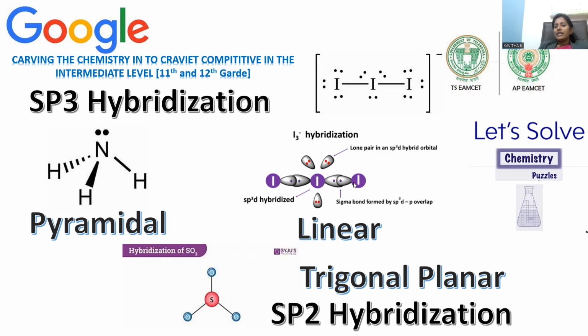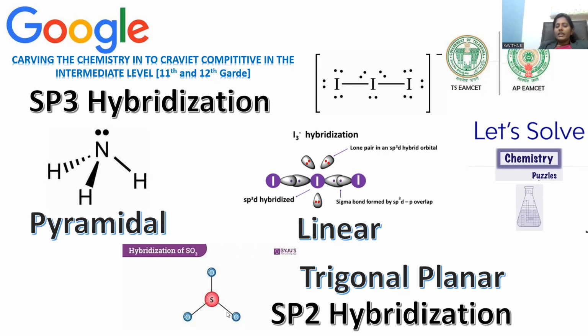All iodines lie on the same line, so it is linear in nature. The central iodine is sp3d hybridized, and all are lying in the same line.